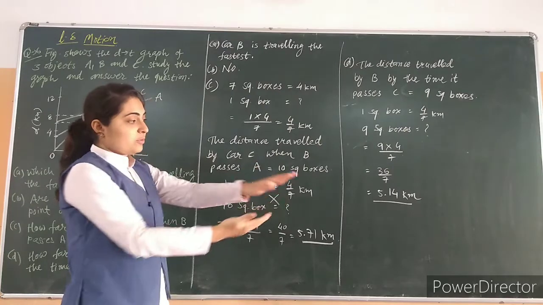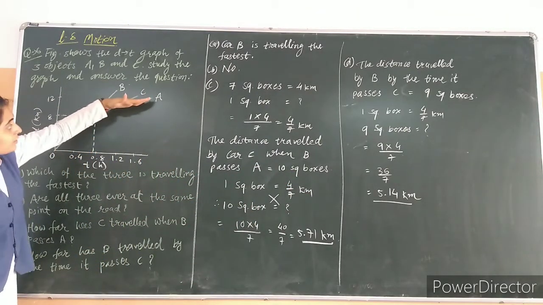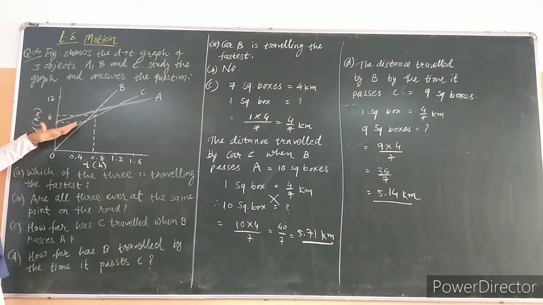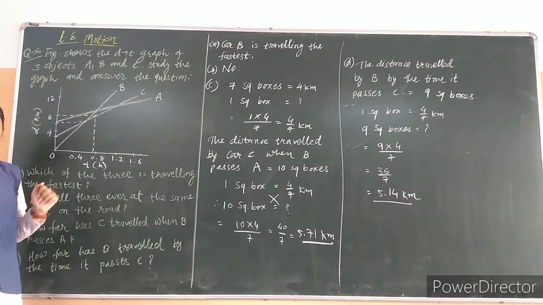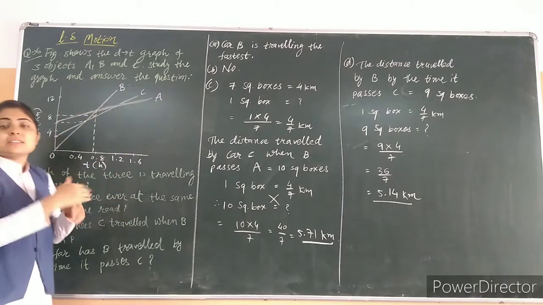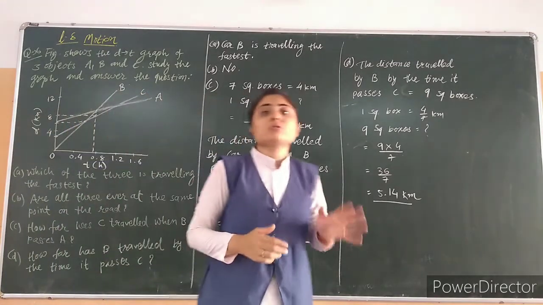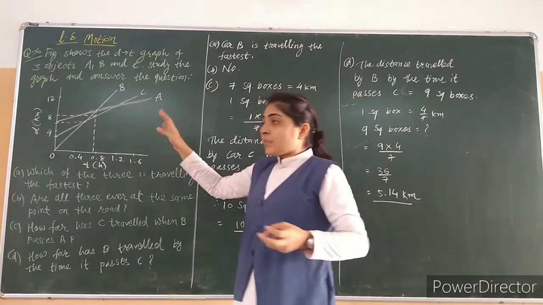Okay. See, as you can see, for A the slope is less. For C it is quite more, and the line for B is making more angle with the horizon. So more angle means a very steep slope, right, a very high slope for the line.